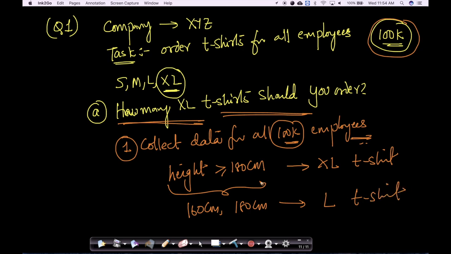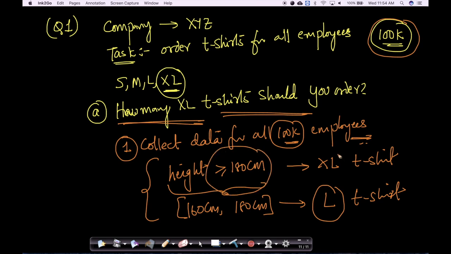This is not perfect because there could be somebody who is wider and things like that. But roughly this is logical. If you know that people who are within this height range, typically the majority of them will use an L-sized t-shirt, and people who are taller than 180 centimeters tend to use an XL sized t-shirt, and so on and so forth. Imagine this is your domain knowledge, right?